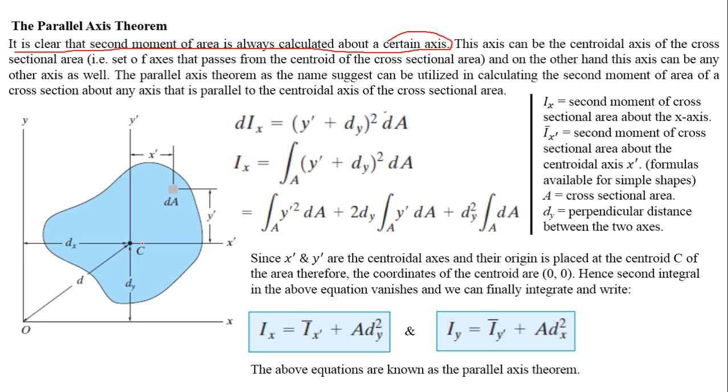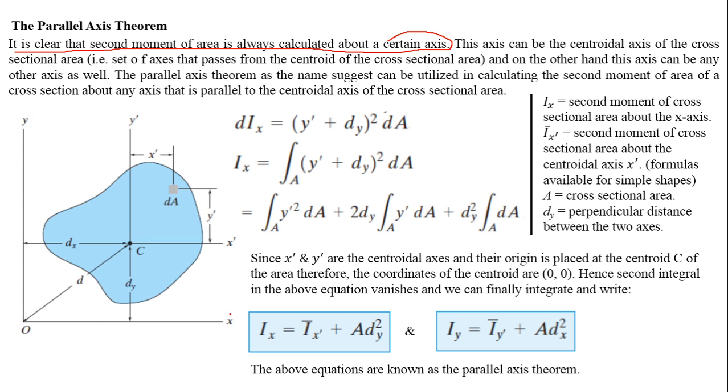But in fact, this cross section area will also have the ability to bend about an axis that is not its centroidal axis, but can be any other axis. Like for example, here an axis x and y are shown, which are basically not the centroidal axis.